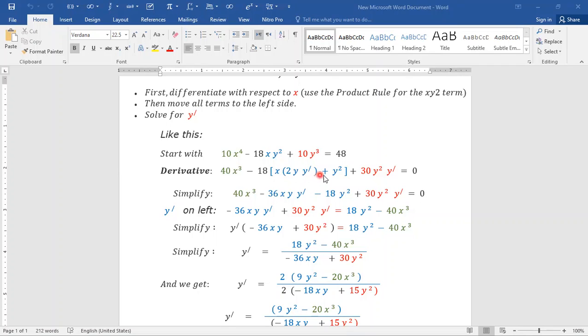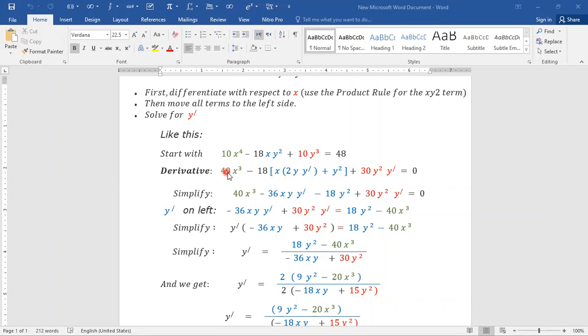Plus second, y, times derivative of first, which is x, which is 1, we don't write it. Plus the derivative of 10y cubed, 3 times 10, 30, and subtract 1 from the power, it will be 2 y prime. After each y, you write y prime in implicit derivative. The derivative of 48, as you know, is 0.